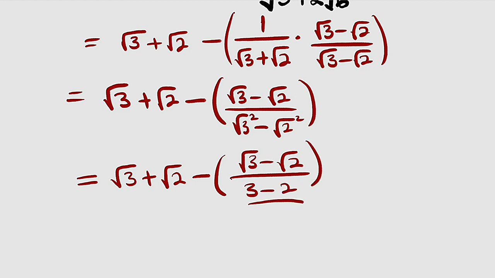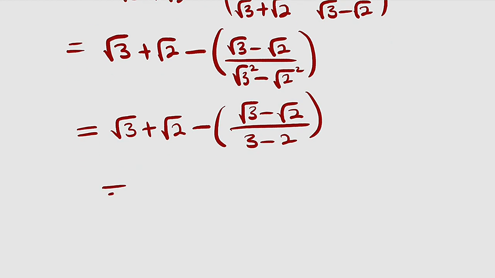And you can see 3 minus 2 is just 1, and dividing by 1 will not change anything. So all we have is √3 + √2 minus the whole of this, √3 − √2.